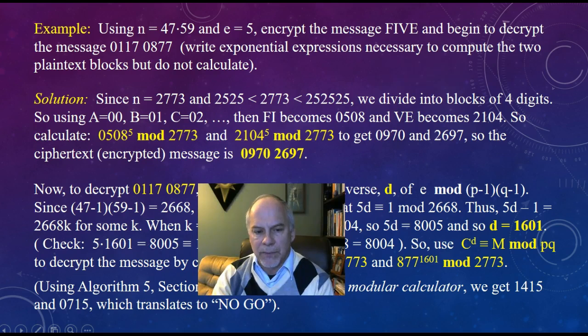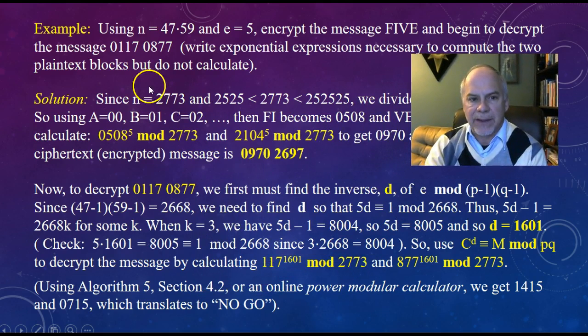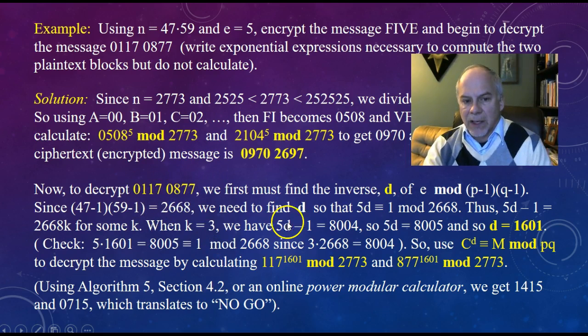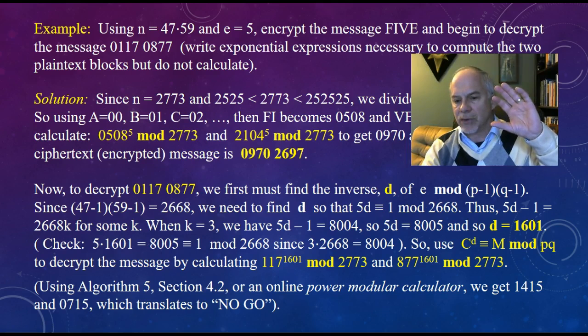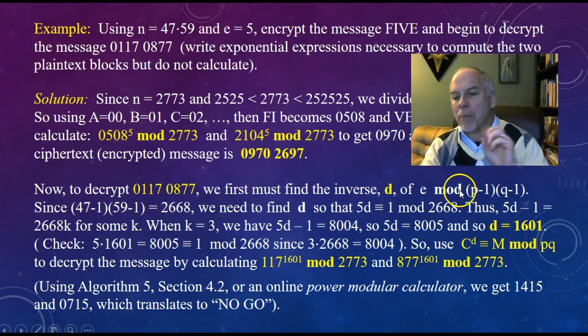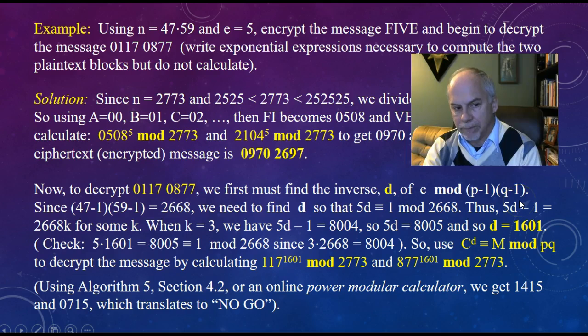Now we're going to look at the second part of this problem where we have to decrypt the message 01170877. So we first have to find the inverse D of the original encrypting exponent E, mod (P minus 1)(Q minus 1).